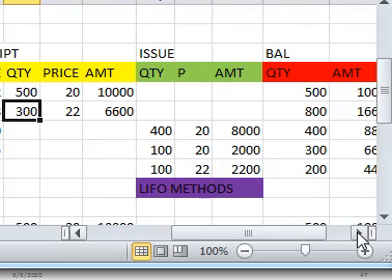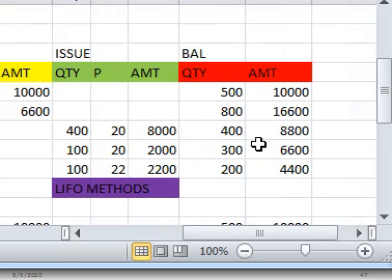So what do we have in store now? When you issue out, remember we had 400, we have issued out 100, we are remaining with 300 at this amount, and then we have issued another 100, we are remaining with 200 at this amount. Meaning at the end, we are having a closing stock of 200 units, which is valued at 4,400.